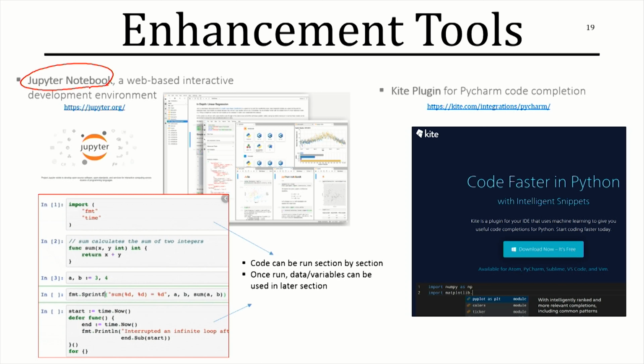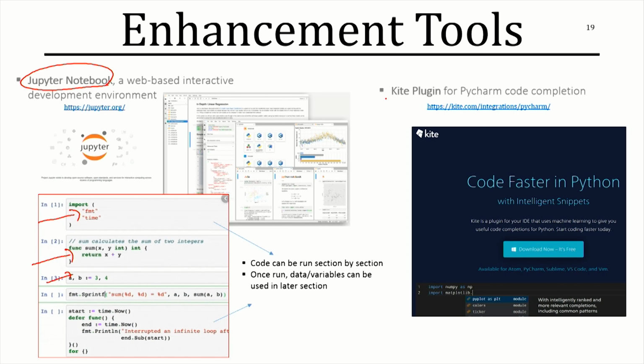For example, if you have run it one time already, your data and variables are stored, so you don't have to run it again. The trick is that they use different sections, so your code is run in different sections. Each time you want a different section to be run, you can just activate it, and your variables and data from the previous sections are also stored.